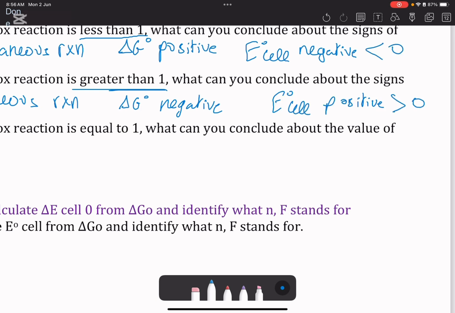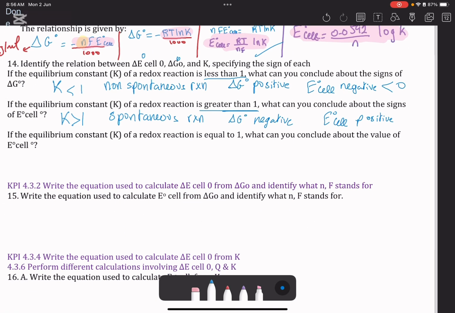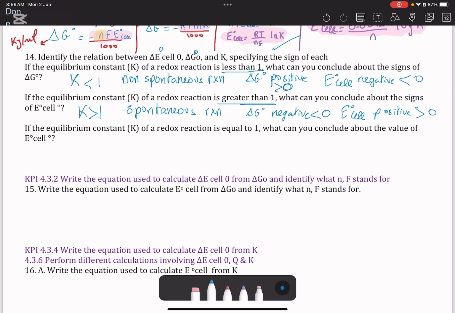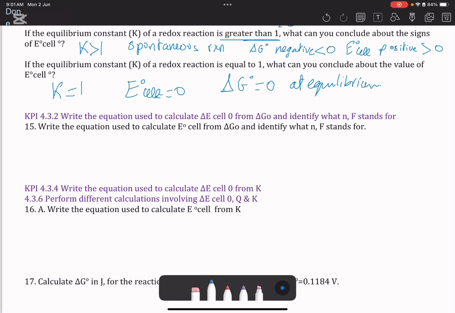Now, if the equilibrium constant is equal to 1, at this point, the E cell is 0, and delta G is 0. We say that the cell is at equilibrium.